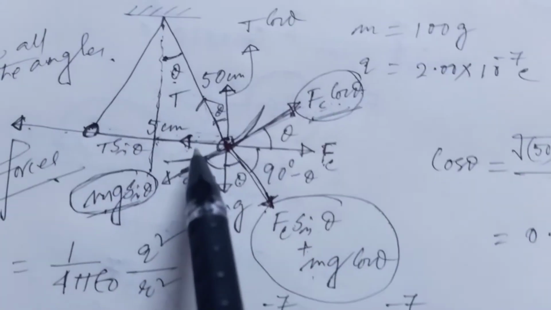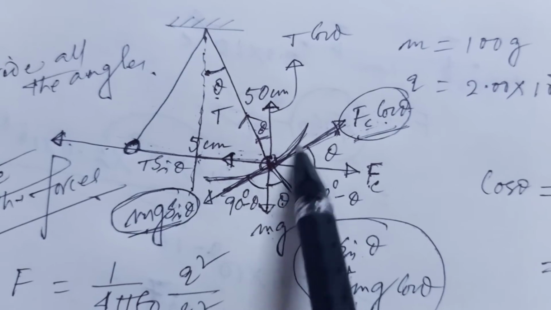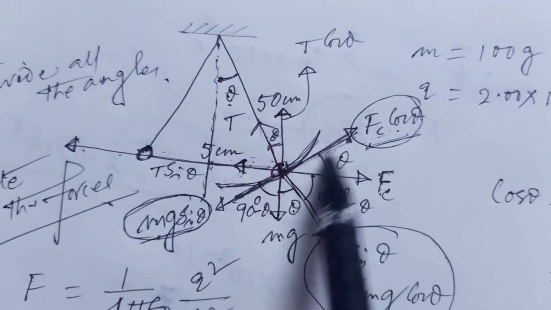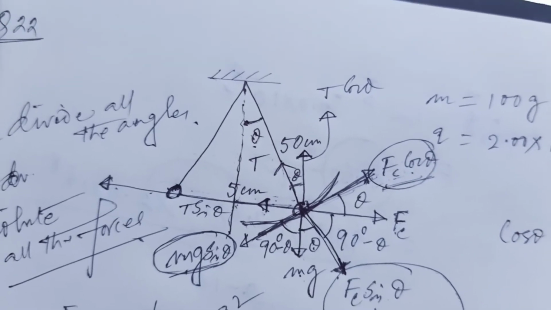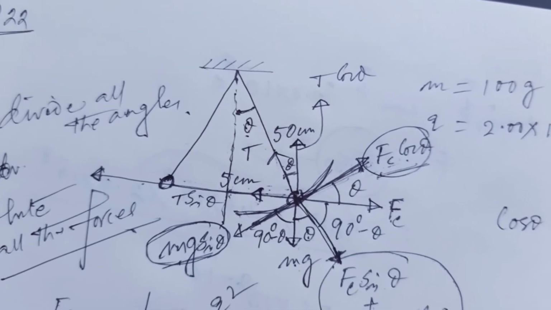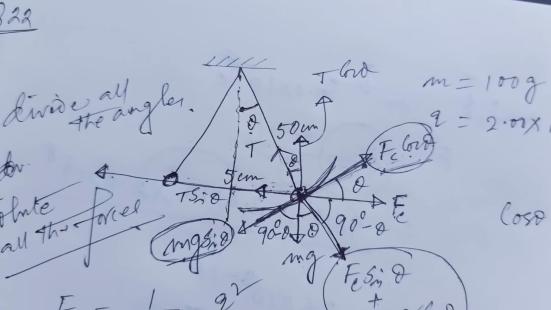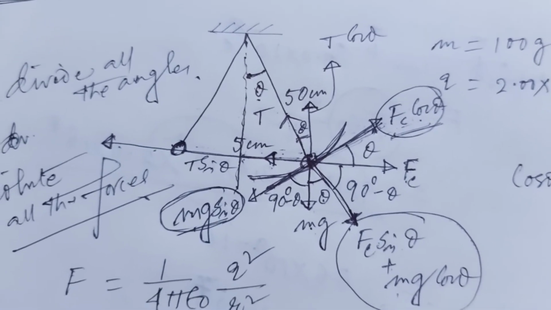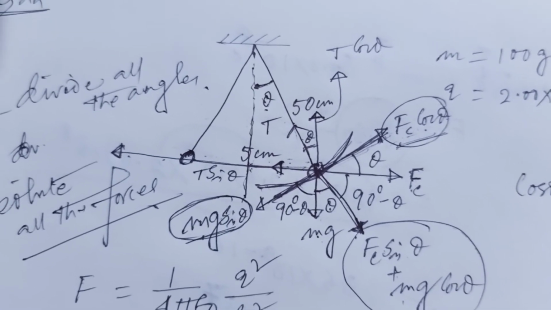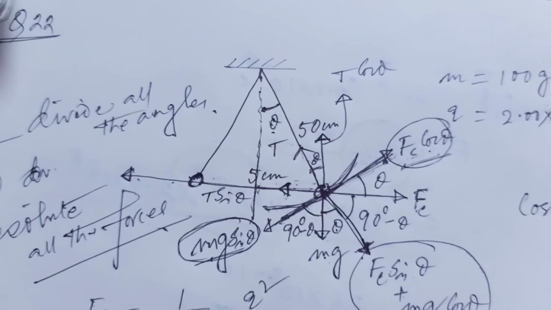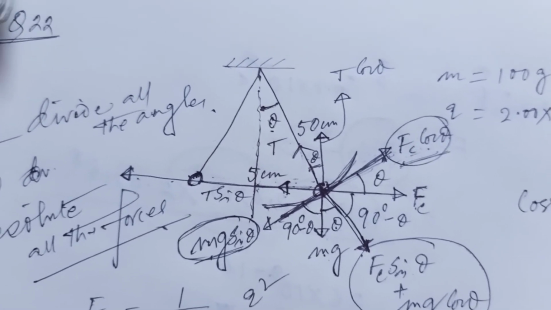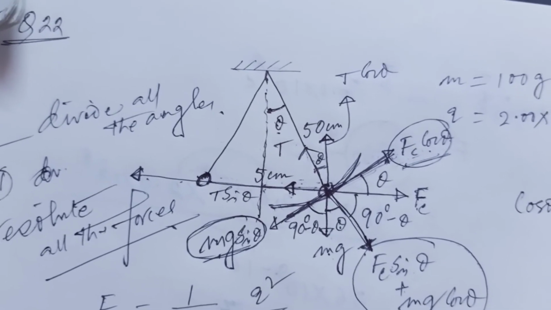So the net force along the string is 0 because the string moves in a particular direction. That is, if we draw a tangent around this line, then the ball goes along this direction. So along this particular direction, there is no component of force. It is in equilibrium. So this is the basic point. And then do the numericals. All the calculations are to be done at an instant of time, because it is also variable.